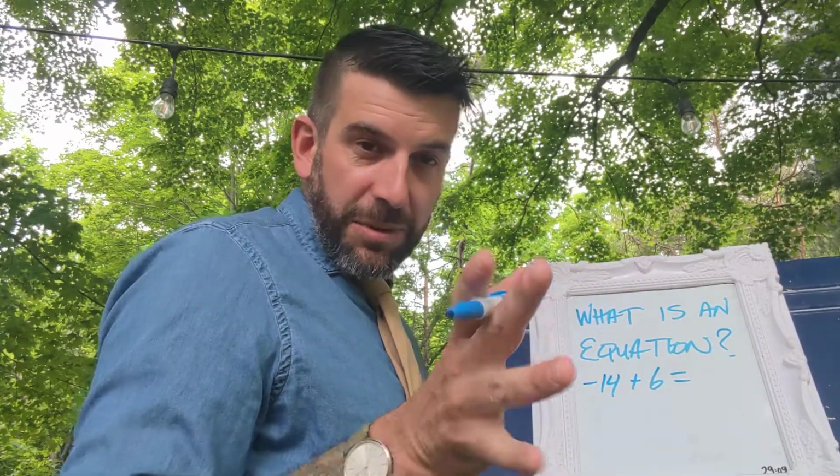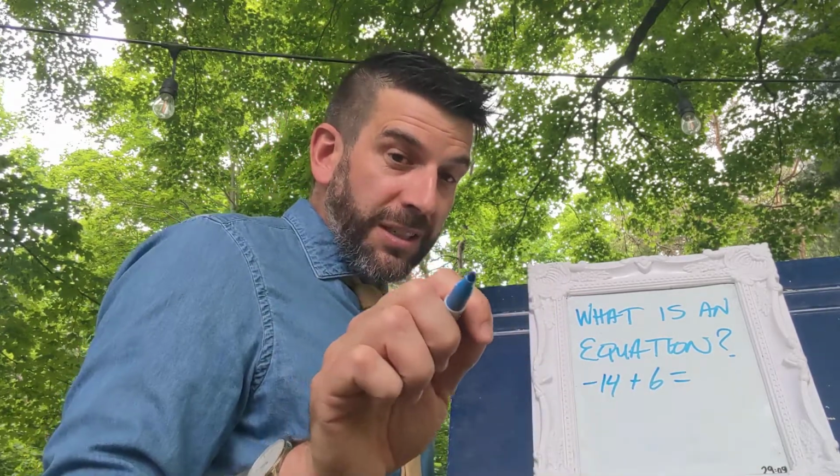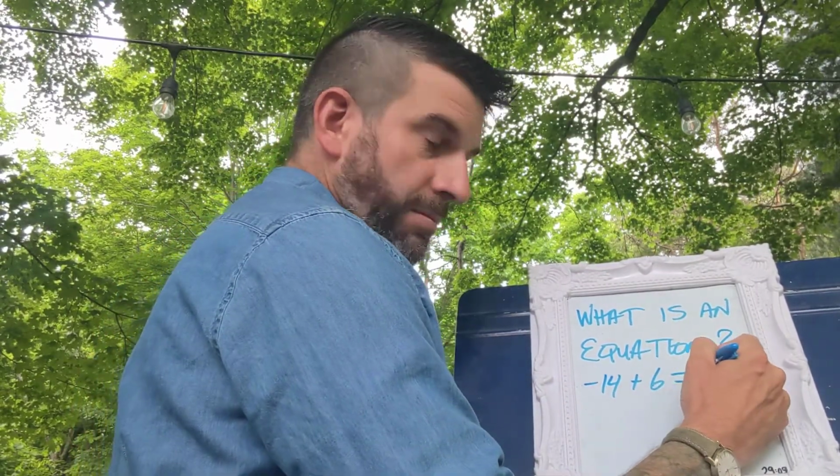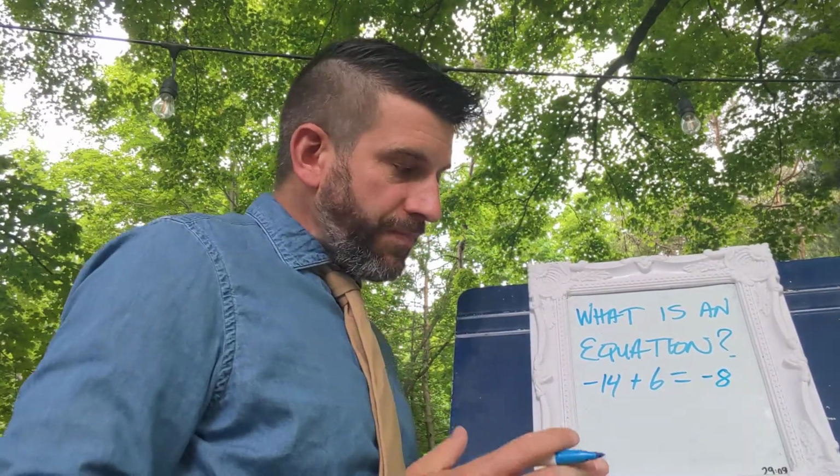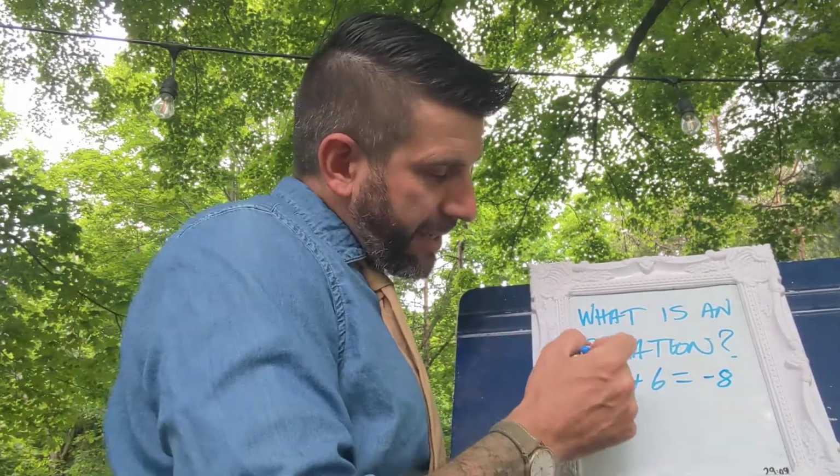That's a tricky thing to understand about integers, because you want to say, oh, I'm going to add 6, I'm going to go to minus 20, but that would make it colder. And I'm adding positive 6, not minus 6. So the temperature is going to go up closer to, what's it going to be? Minus 8, right? What that is saying is that minus 14 plus 6 is the same as minus 8. That's what an equation is.